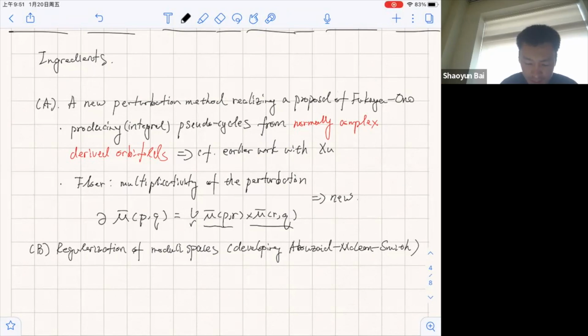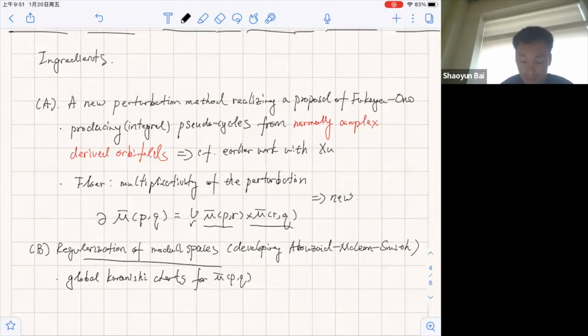And the second part is about some regularization scheme of moduli space. In other words, what we do is we need to construct global Kuranishi charts for the moduli space of stable Floer trajectories.